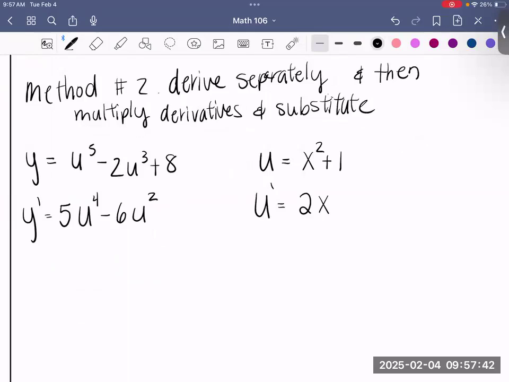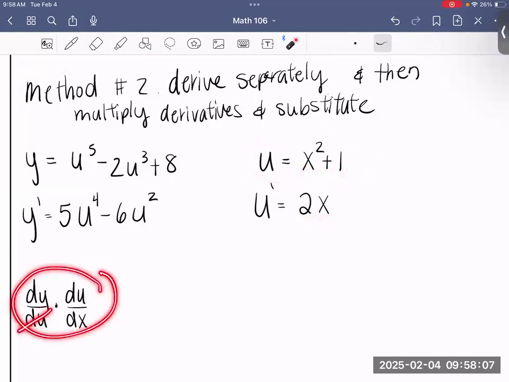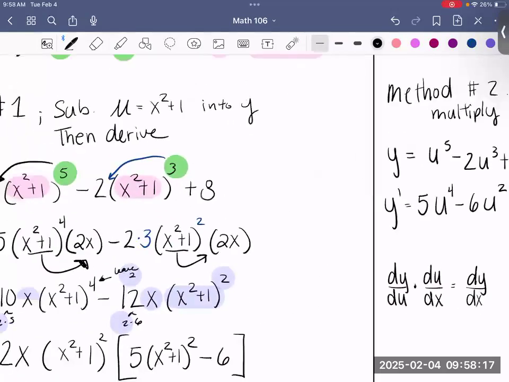Now, in order to get dy dx, if u is in different terms, right? dy du can be multiplied by du dx. The reason for that is that u has a different variable. It's a different function. And keep in mind, if we're multiplying these two together, notice that in terms of simplifying, we'll end up with dy over dx, which is exactly what we have over here.